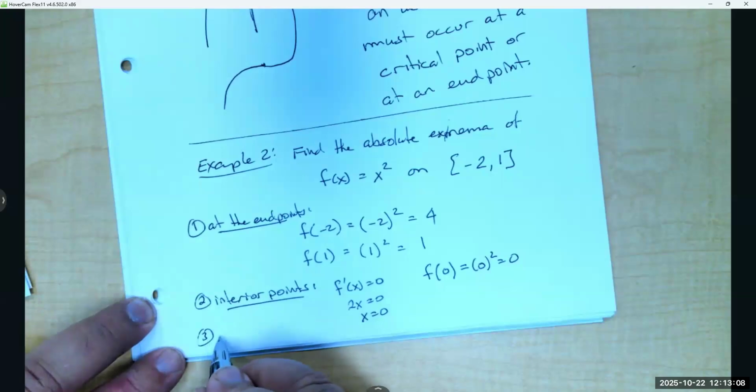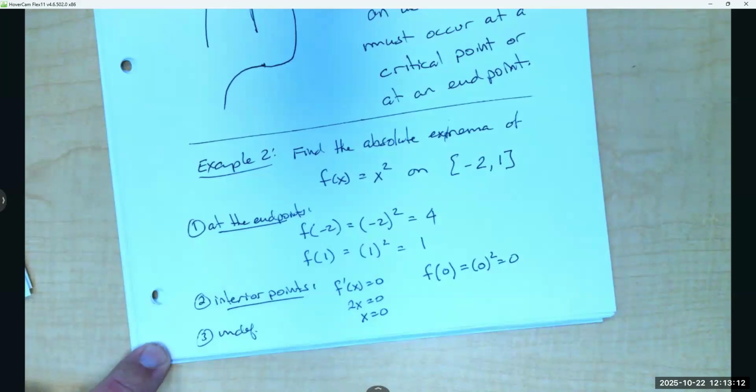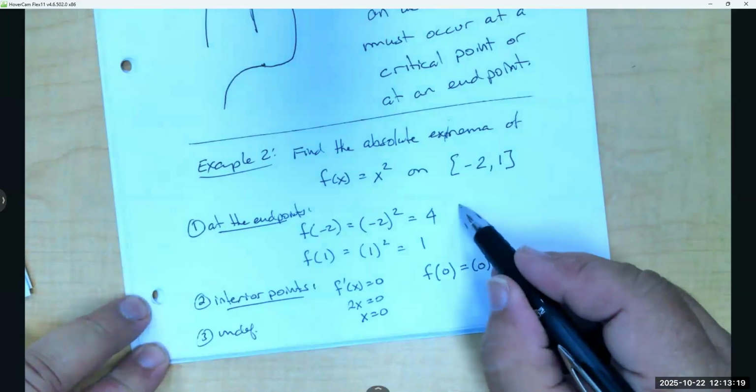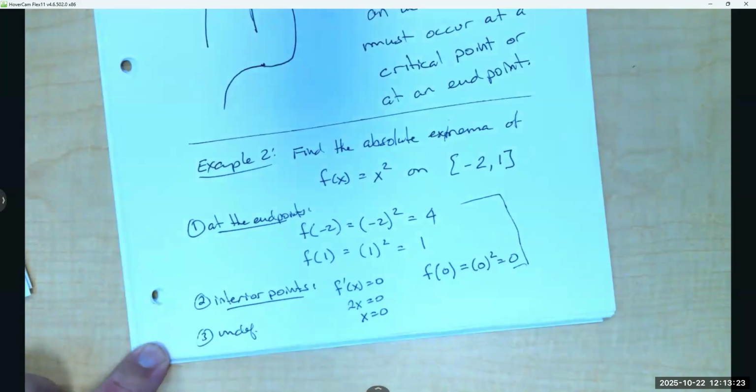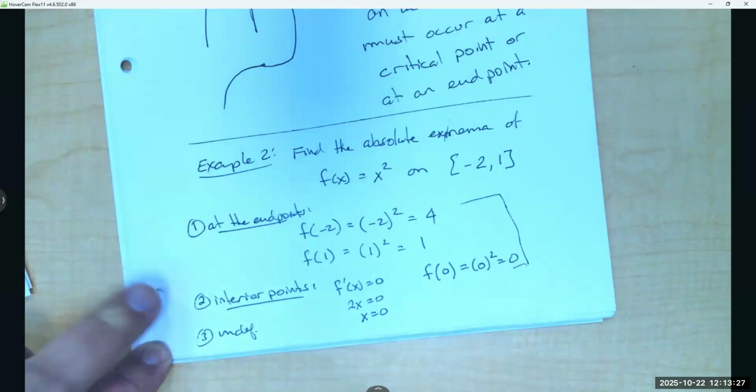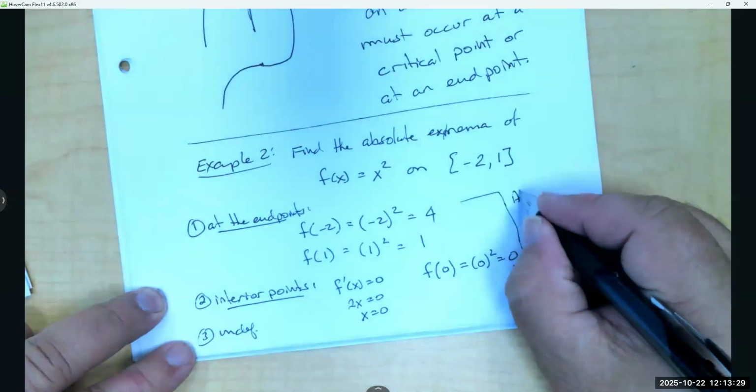Are there any places that make the function undefined? No, because it's a quadratic function. So all we have to do to find the extrema points is look at these three values in this case. So what's the absolute maximum?